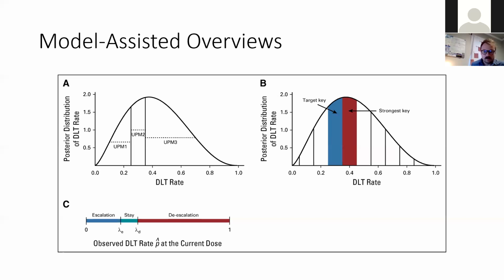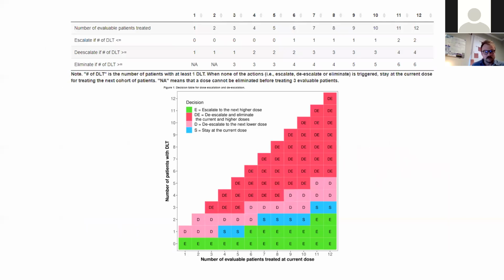As I mentioned before, the really nice thing about these designs is their ability to have pre-tabulated decision tables. For instance, this is what one of those would look like if we're using the BOIN design. In this case, I specified having 5 doses. We're going to treat cohorts of size 3, and we're going to treat 10 cohorts.